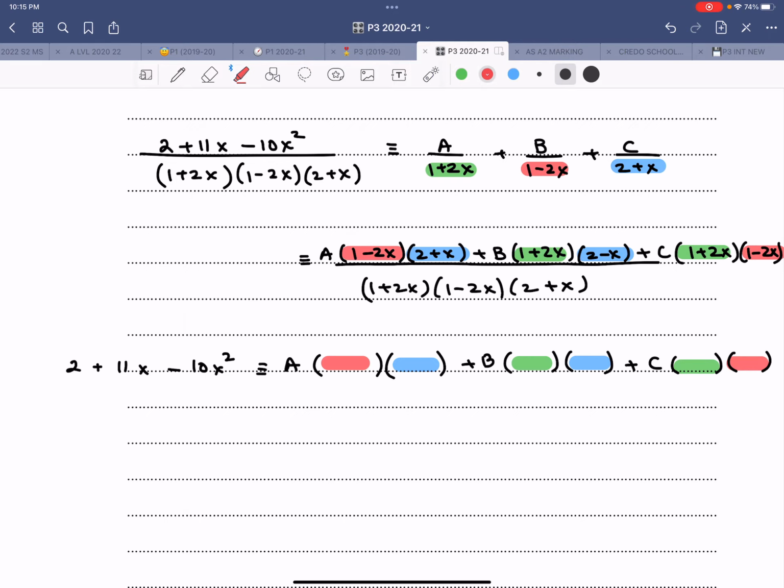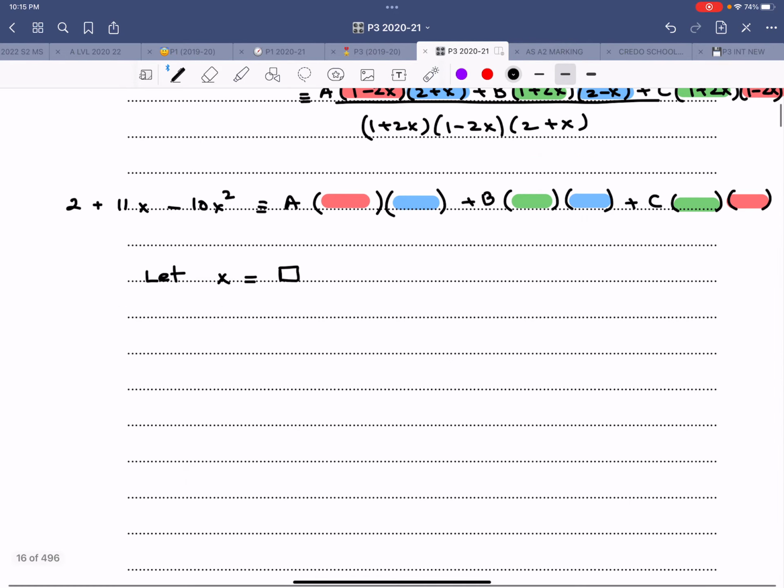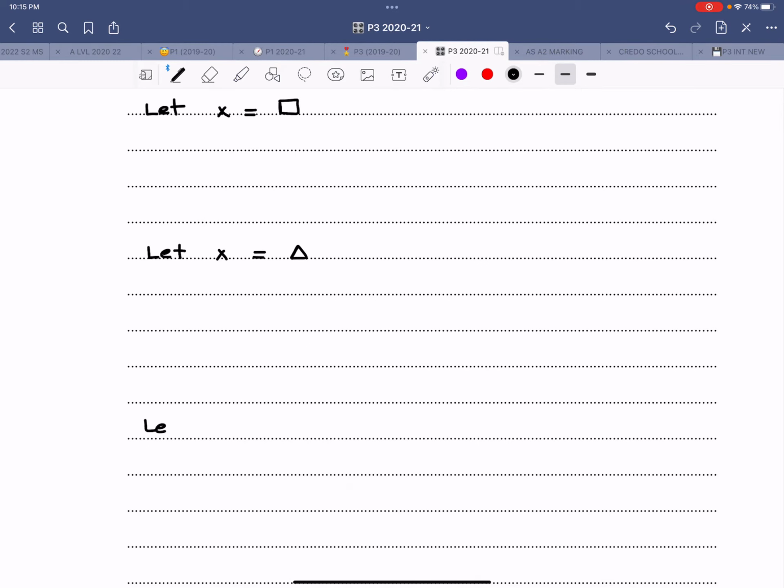And now you would choose different values. Let x equal to something. Next one, let x equal to something else. Next one, let x equal to something else.